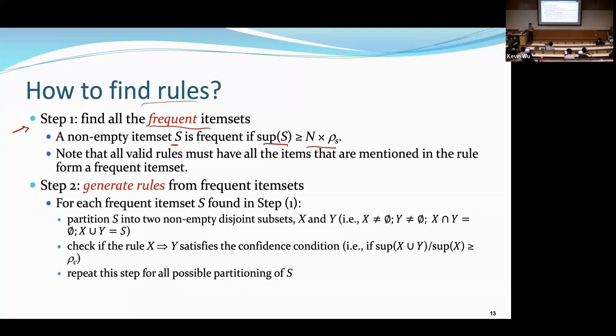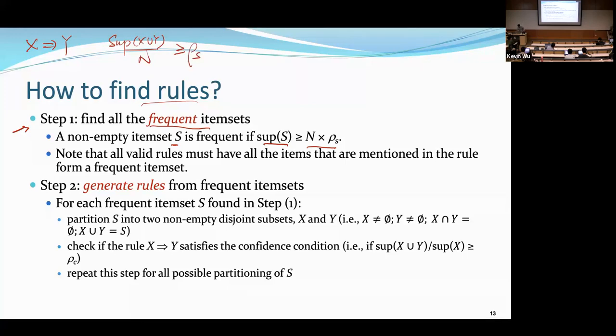So what exactly do I mean? Think about it again. This is a typical form of association rule. For the support condition, we require that the support count of X union Y divided by N be not smaller than the support threshold. This is the support requirement.